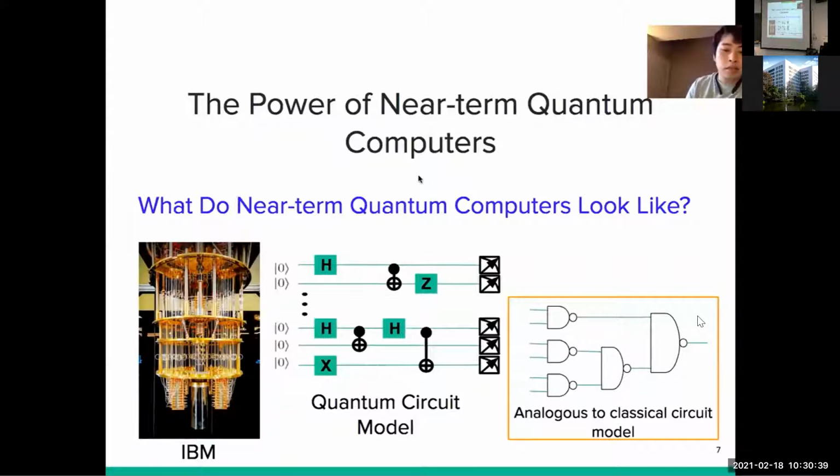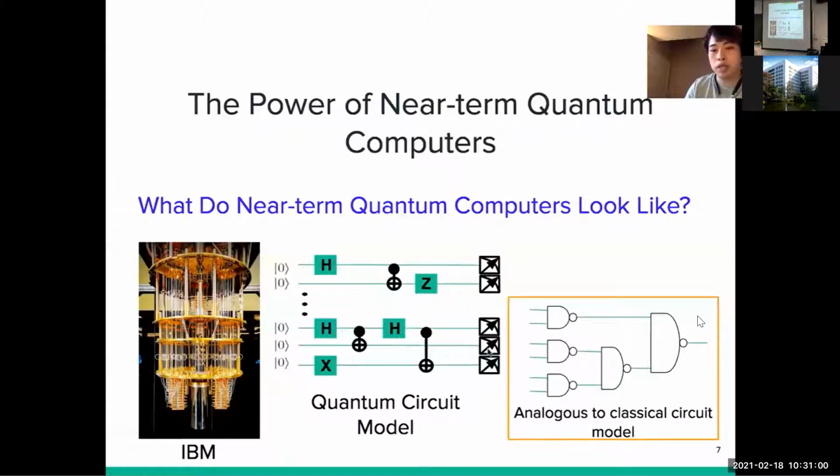And in the quantum circuit model, you have qubits as input. Here's a qubit, which is some quantum state. Then you have quantum gates operating on this input, and then you have qubits as output. But because people cannot read quantum information, you need to use measurement.